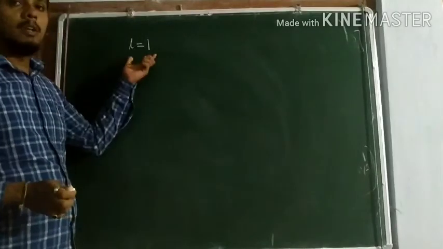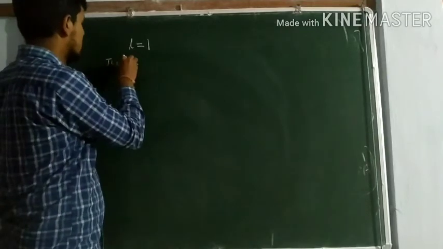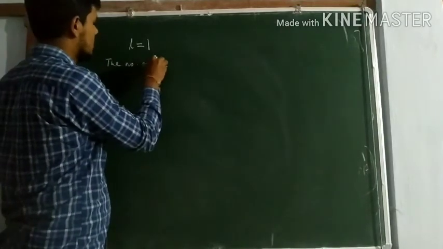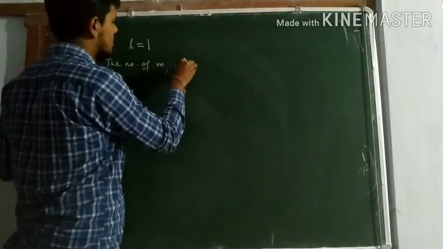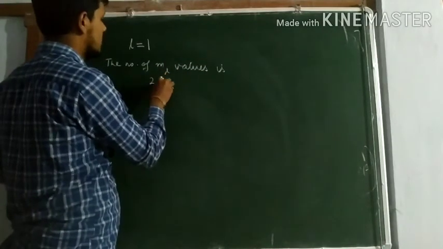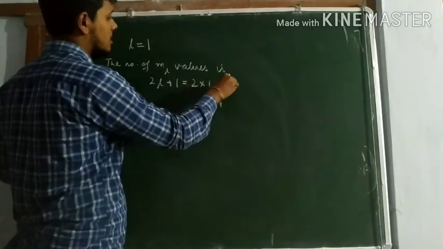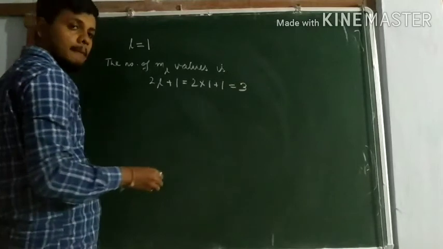so when the value of L is 1, the number of ML values is twice L plus 1, equals 2 into 1 plus 1, equals 3.